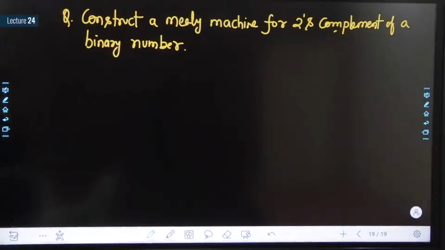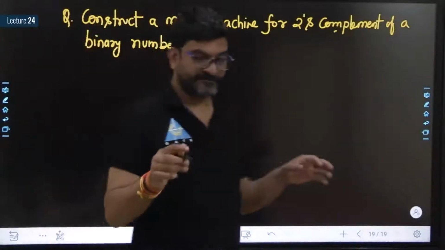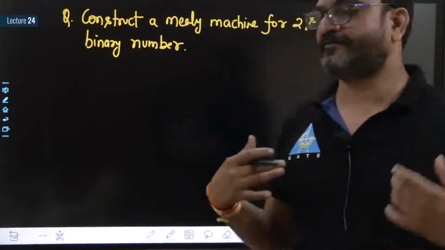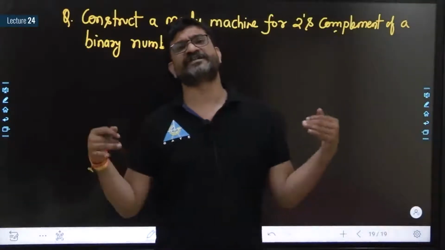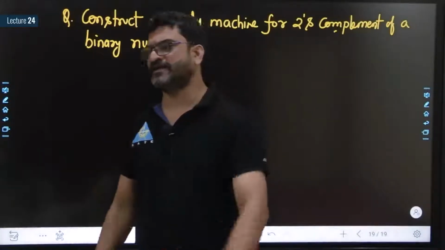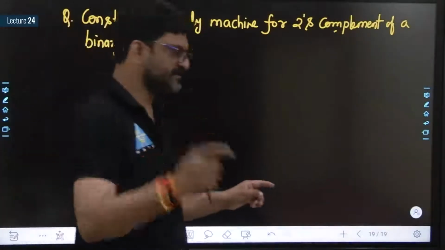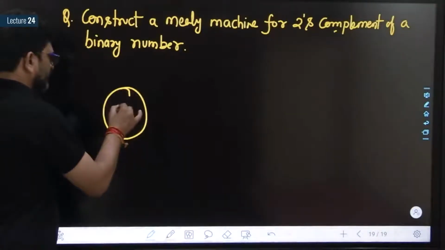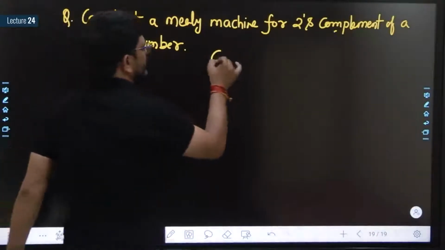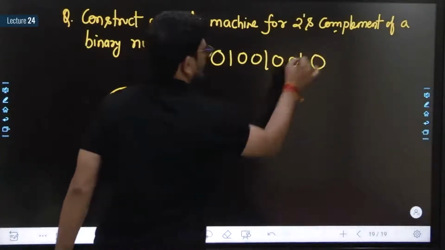See, when we find the 2's complement and 1's complement, we assume that the machine reads input from the right-hand side. The machine reads input from LSB to MSB, not from MSB to LSB. Take 0100100.